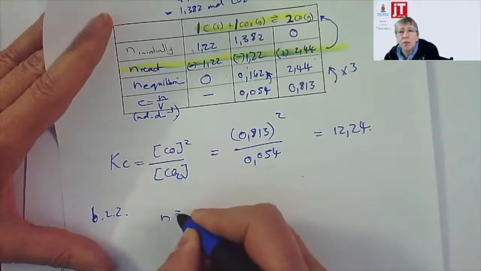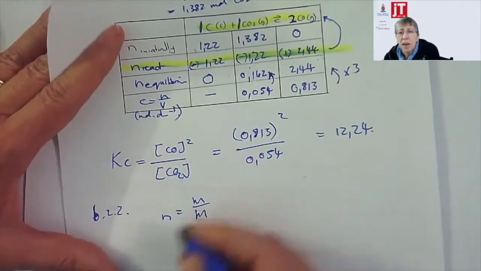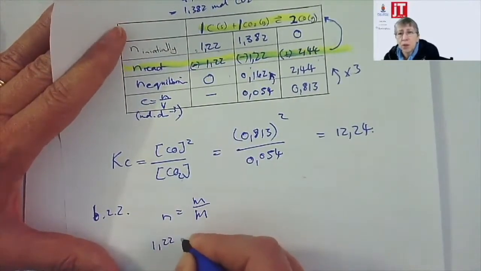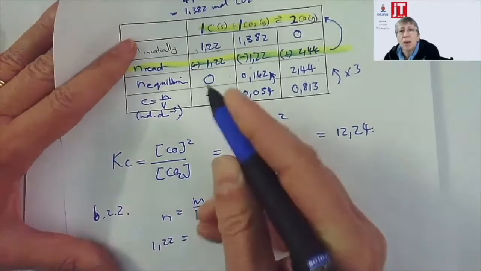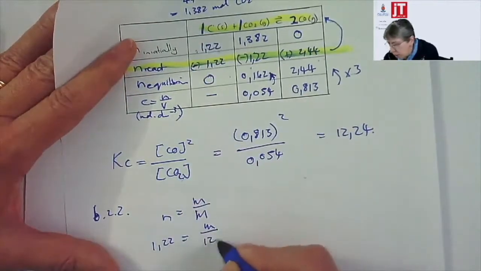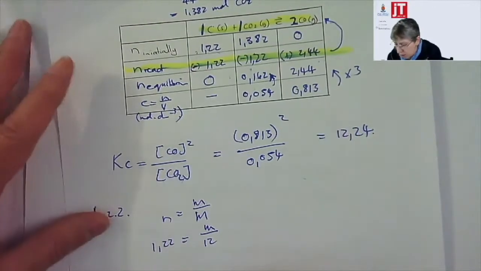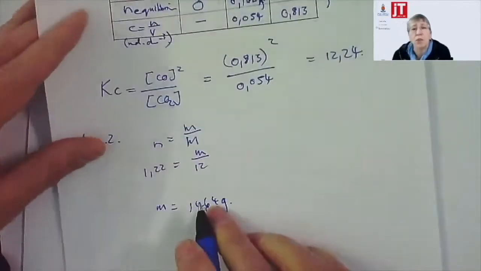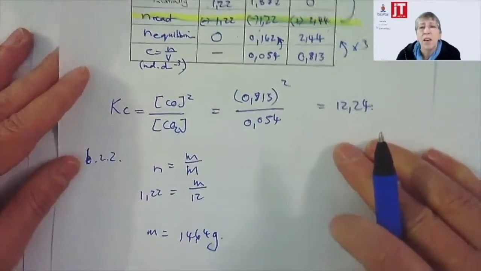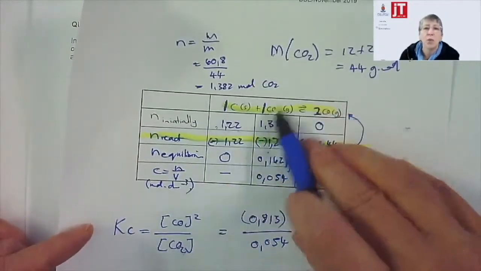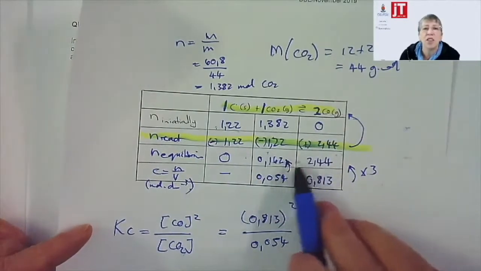To convert to mass quickly, moles 1,22, and molar mass for carbon 12, and I end up with a mass of 14,64 grams. Right, 14,64 grams. So that is the minimum mass of carbon that I need for the others to be able to reach that equilibrium.